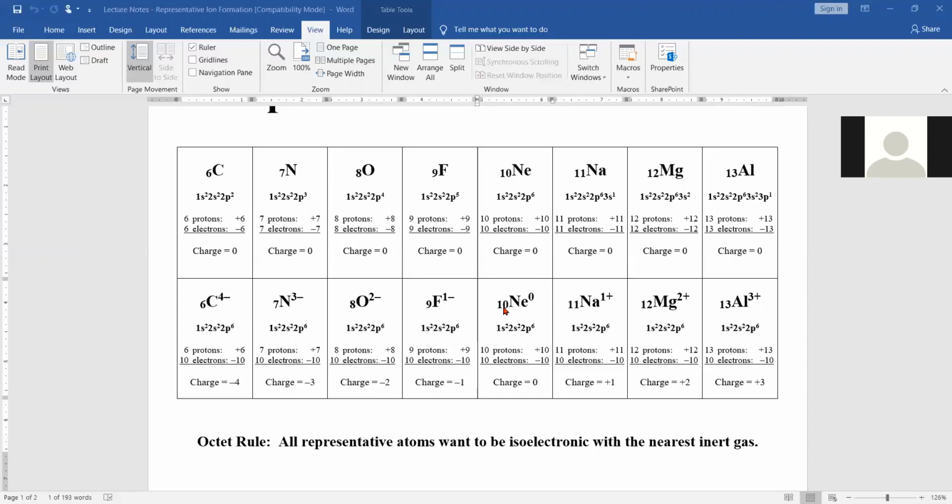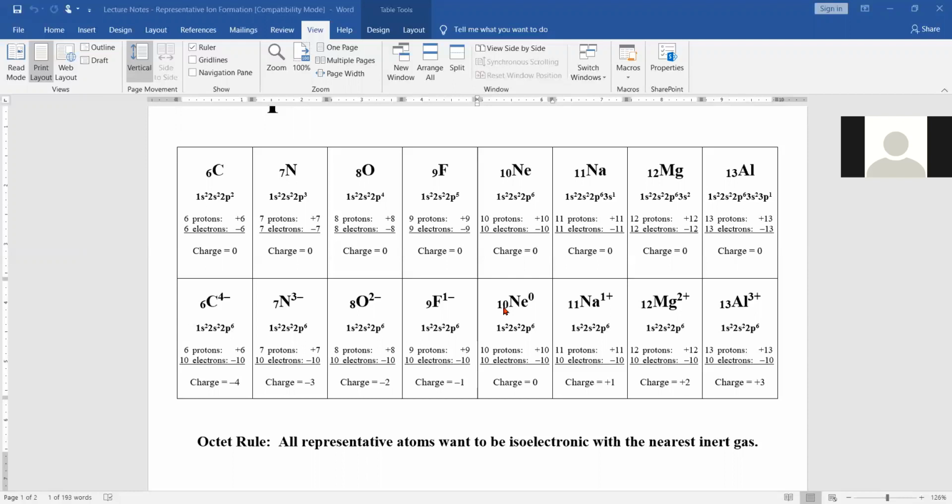Most things in nature tend to want to be at lowest energy. That's why all you guys are sitting down and I'm standing up. It's lower energy to be sitting down. We prefer to be at lowest energy. So the inert gas elements are the lowest energy atoms on the periodic table, as a group.